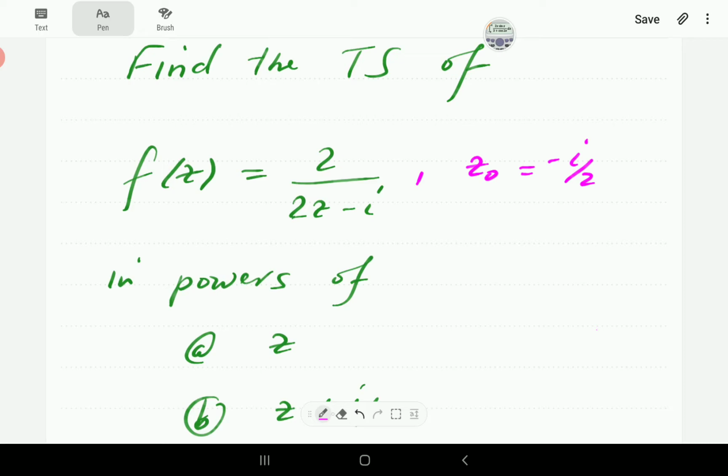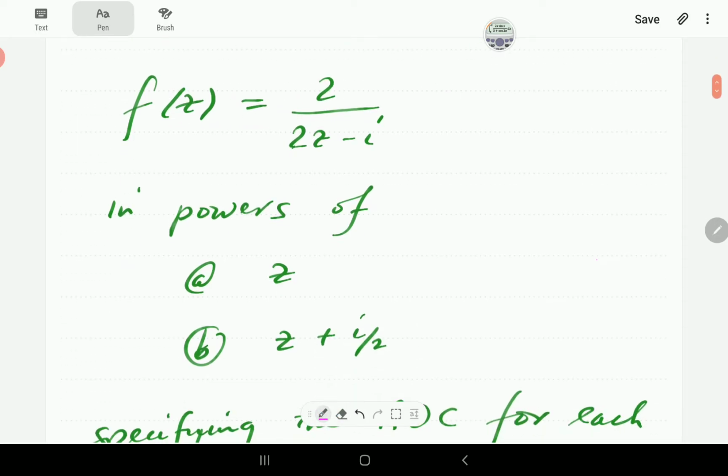Okay, so in this video, the question says find the Taylor series of this function. Instead of giving us the point at which the series is centered, they are specifying the powers in terms of which the series must be.